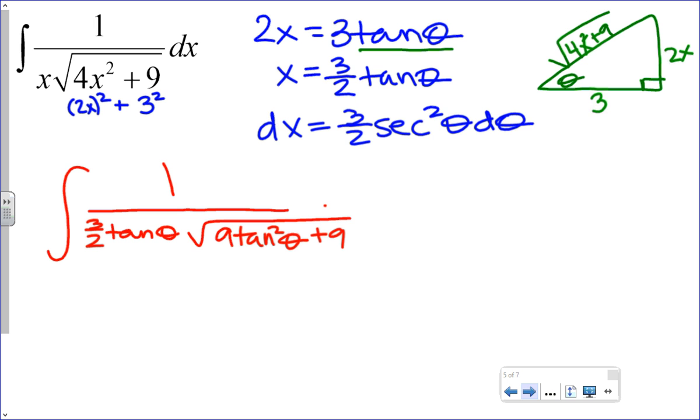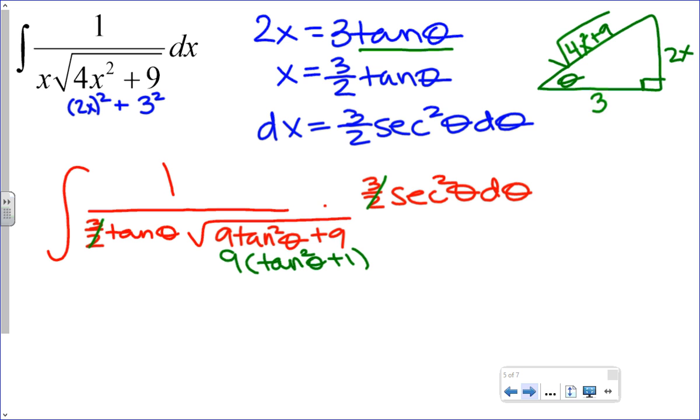And dx we're going to replace with 3/2 secant squared theta d theta. Hey, the 3/2 can cancel. And what are we going to do here? We're going to factor out a 9. And you're going to do this enough to where you're going to be able to kind of see what's going to happen.